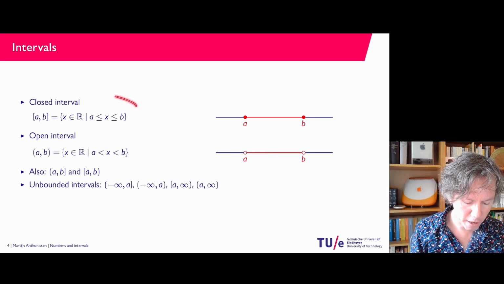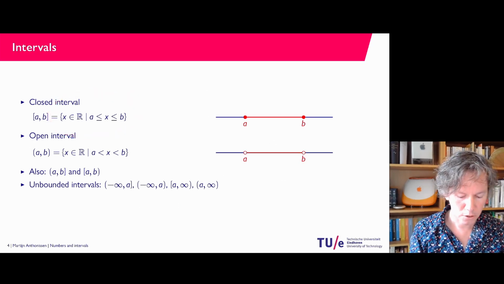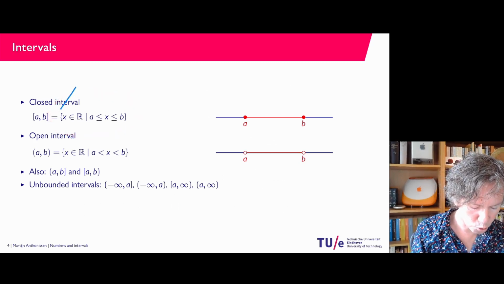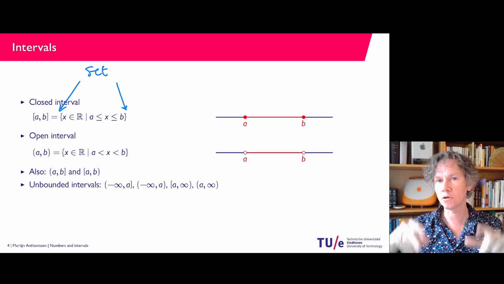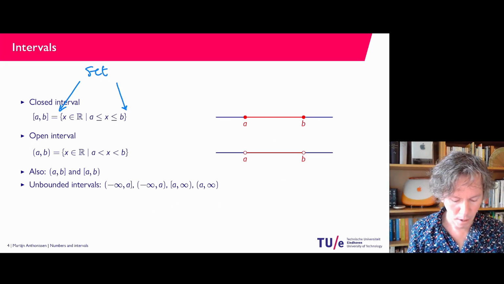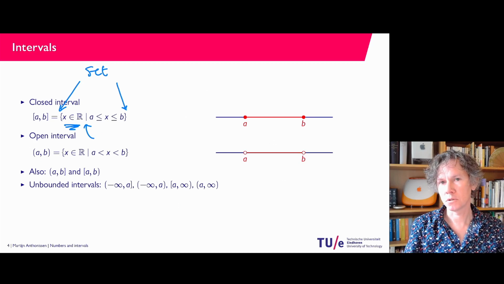And here I have also written that as a set. So the curly brackets here, these two, denote that we are constructing a set of numbers. So sets are usually in between curly brackets. And then this means we take every real number, and then the vertical bar imposes a condition on the numbers.